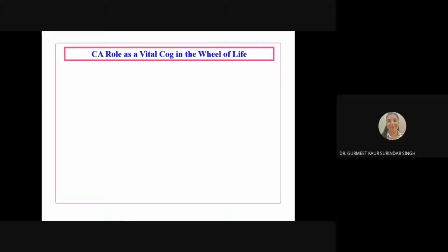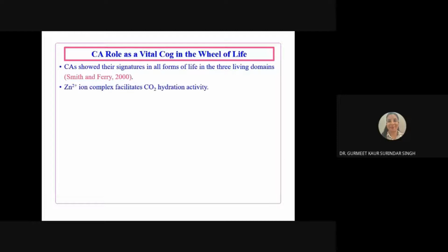Then we can see now the role of carbonic anhydrase in the living cell. It is present, as we said, in all forms of life in the 3 living domains. Zinc ion complexes the water, as we said before, and so allows hydration by the mechanism illustrated before.